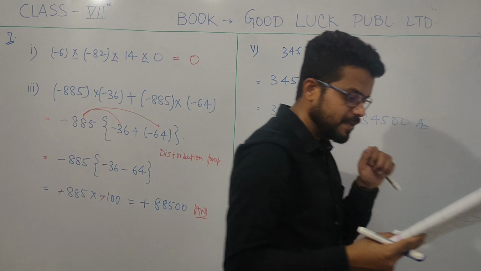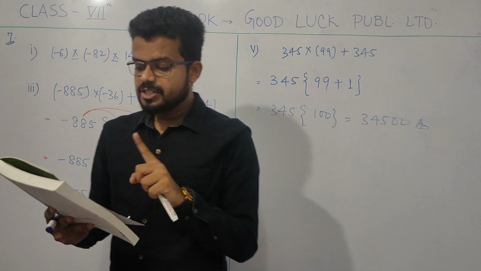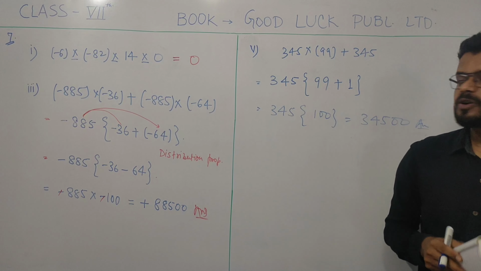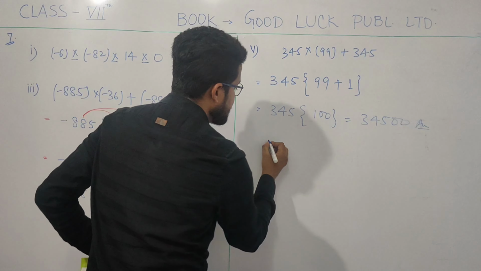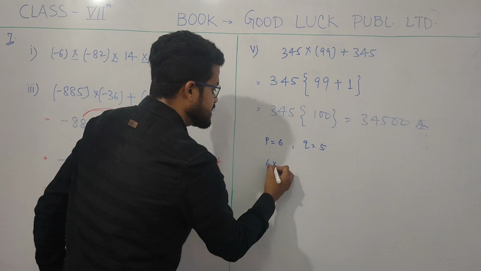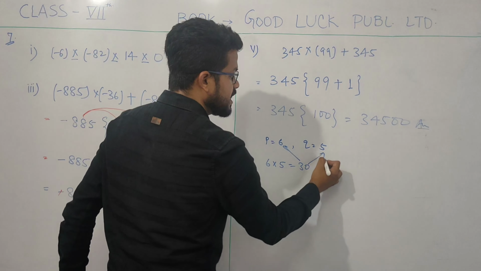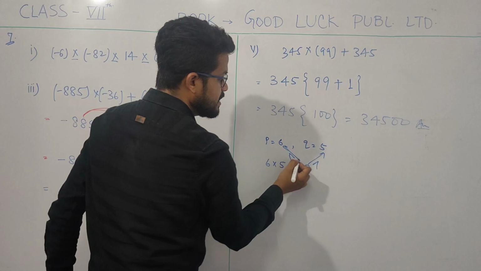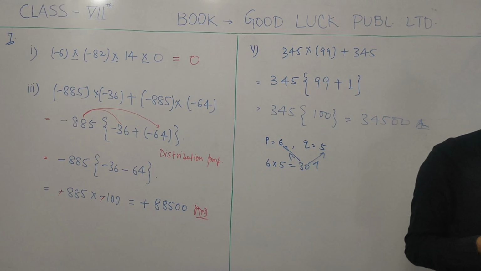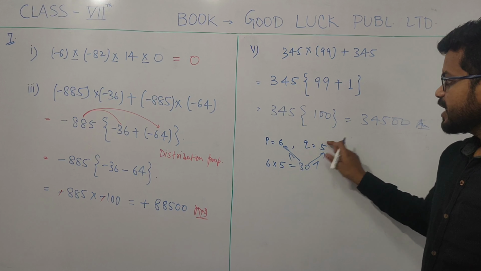Now the fifth one: for any two non-zero integers p and q, p into q is always greater than either p or q. Take an example: if p is equal to 6 and q is equal to 5, then multiplying 6 into 5 gives 30, which is greater than p and also greater than q.